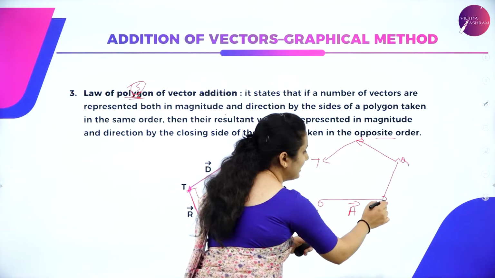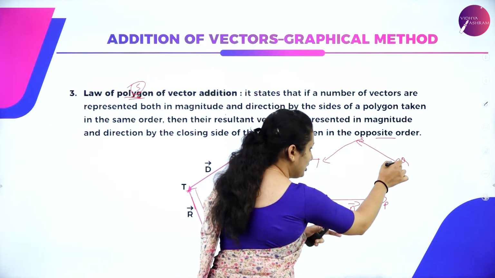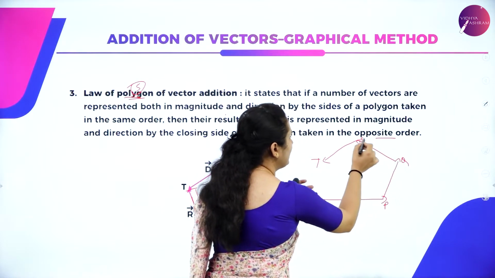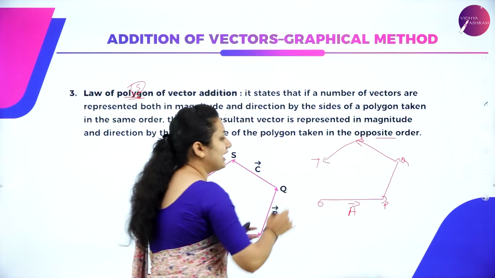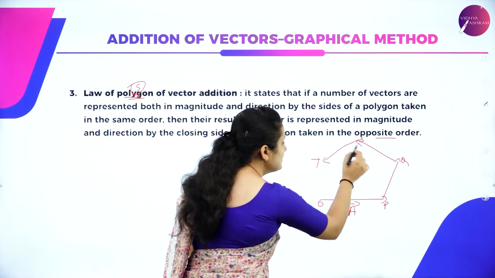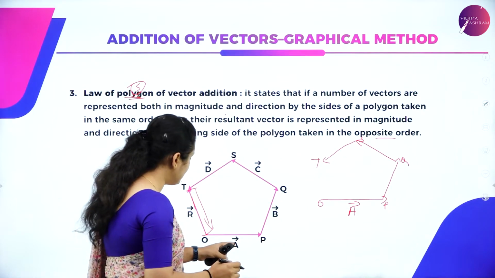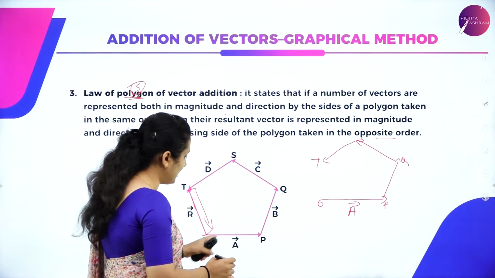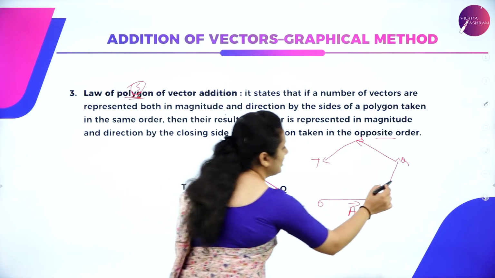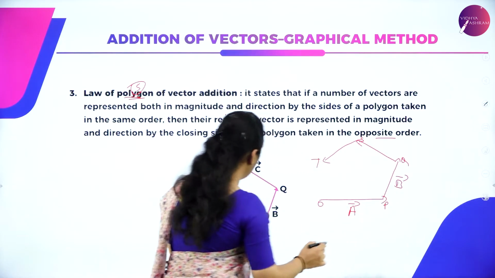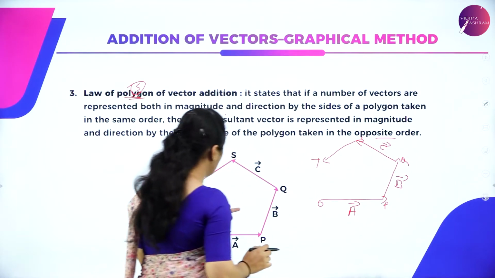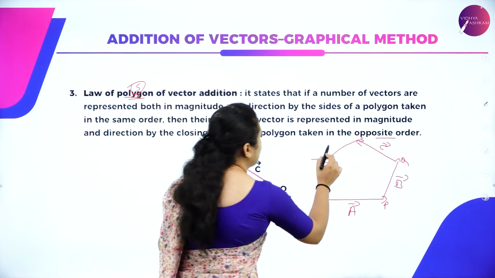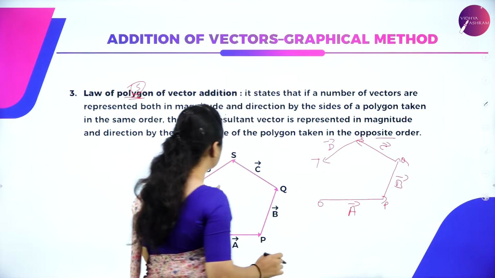I am drawing a line PQ, which is in the same order. Again, from the head of the line PQ, I am drawing a line QS. Again, from the head of the line S, I am drawing a line ST. So you can see all the sides of the polygon are in the same order. Vector A represents side OP, vector B represents side PQ, vector C represents side QS, and vector D represents side ST.